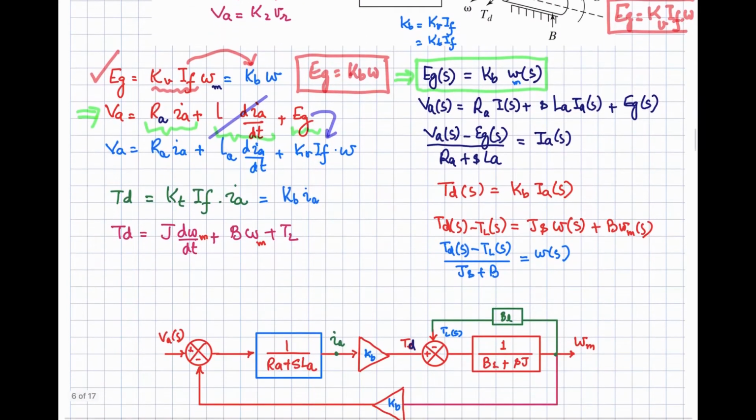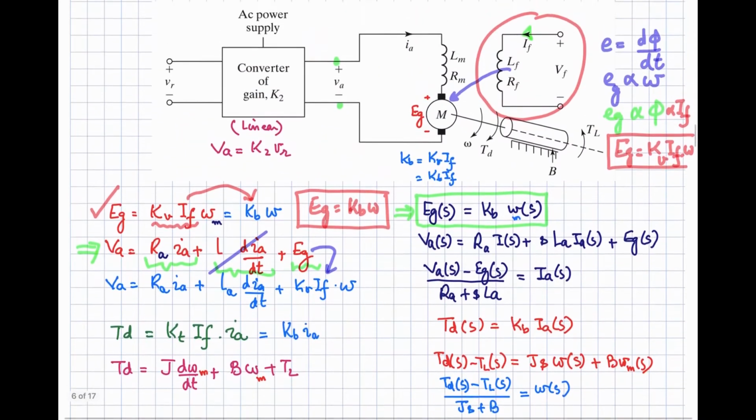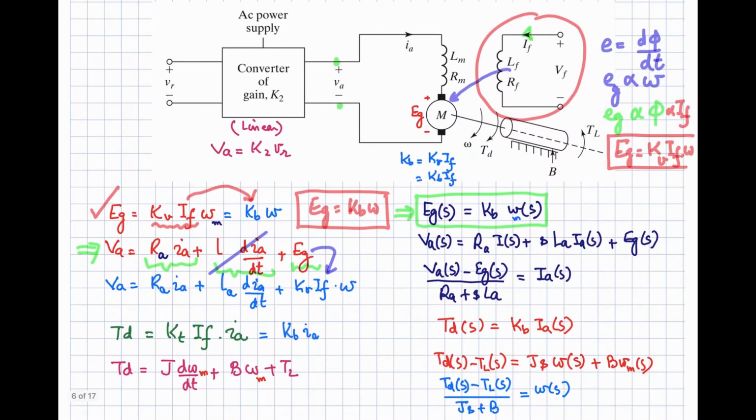Then we can write down the equation for the torque. The torque depends upon the current in the armature circuit and the current in the field circuit, because basically it depends upon the cross product of the two magnetic fields.